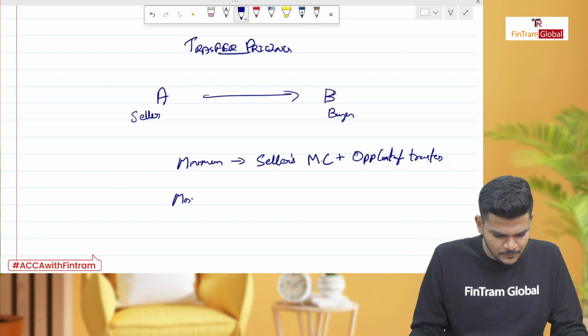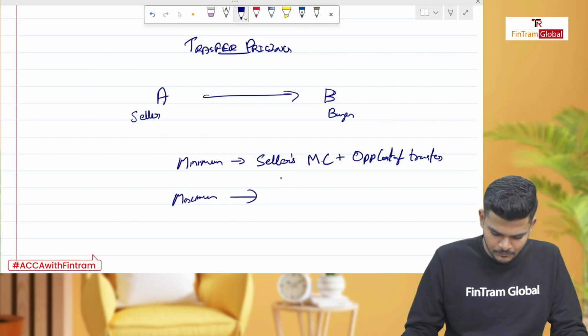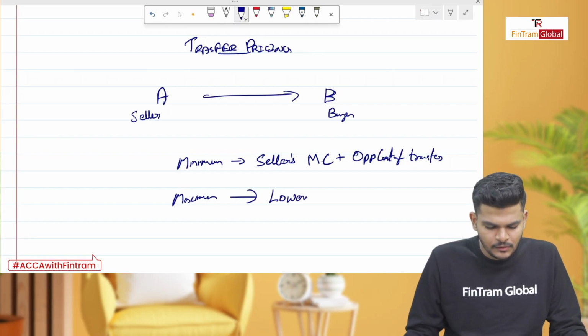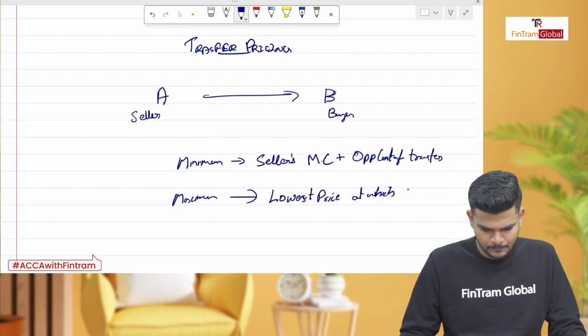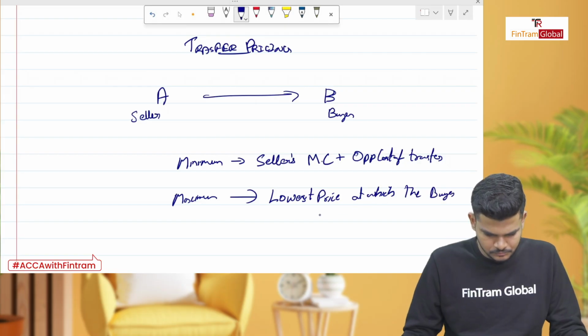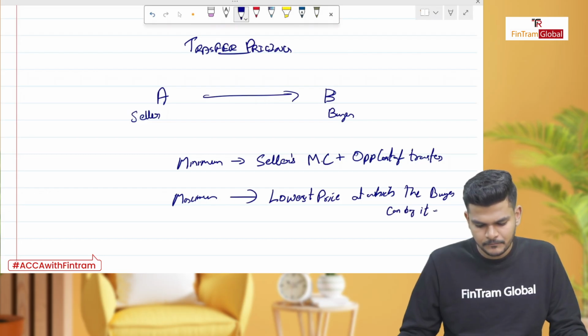And then there is the maximum, right? What is the maximum limit? What is the maximum transfer price that can be there? Maximum transfer price would be the lowest price at which the buyer can buy it externally, right?